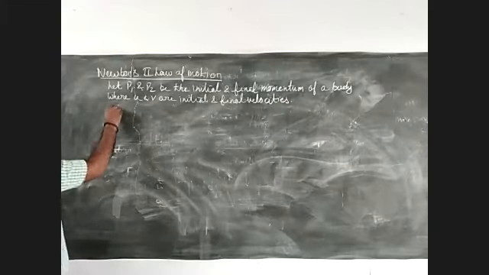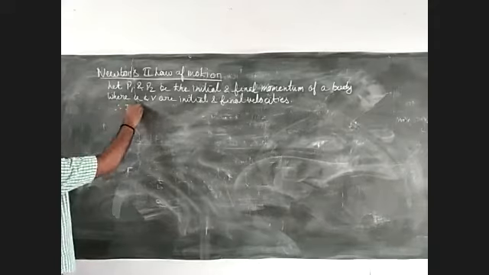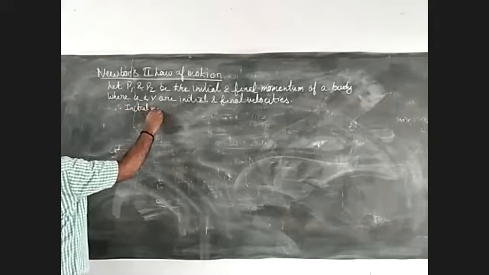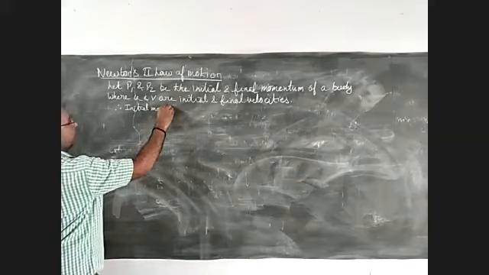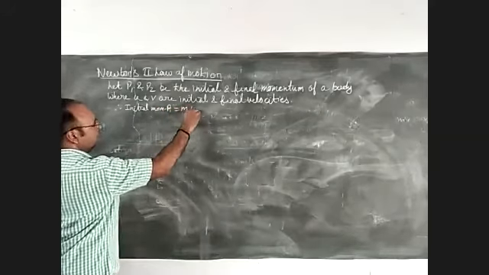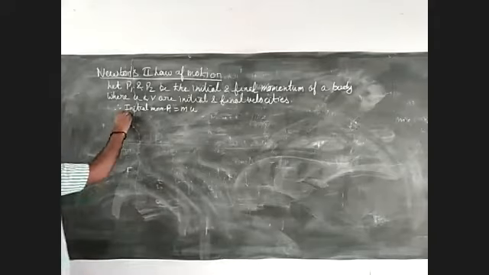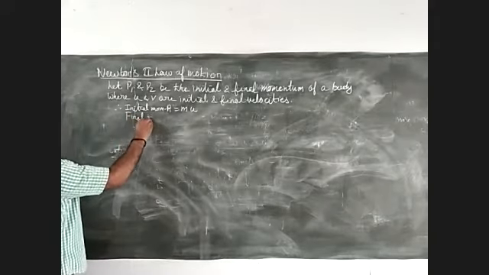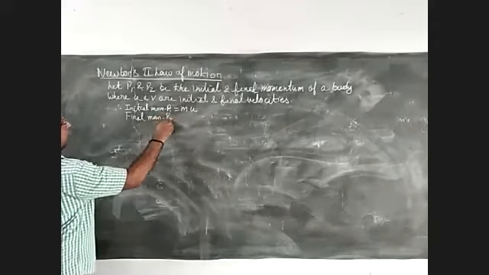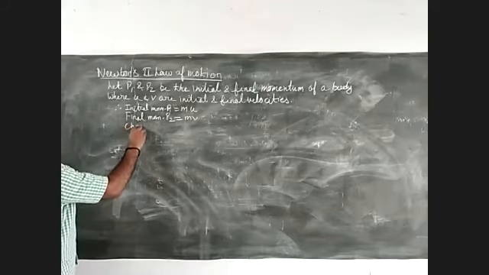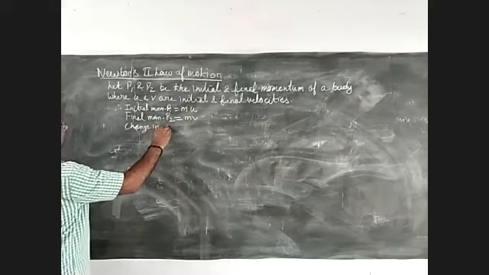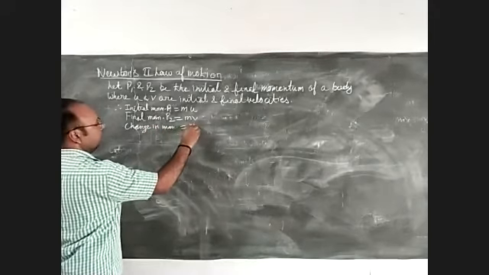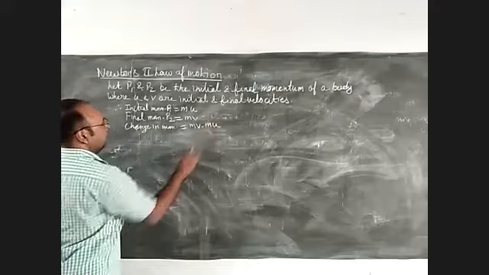Now, how can I write the change in momentum? Initial momentum P1 is equal to mu, where m is the mass of the body. Final momentum P2 is mv. As I told you, change in momentum is equal to final momentum minus initial momentum.